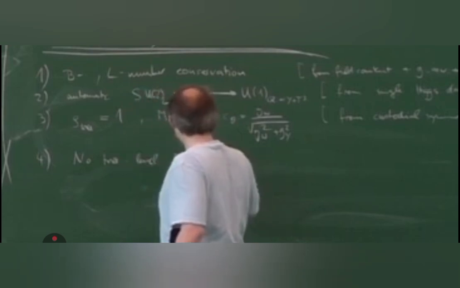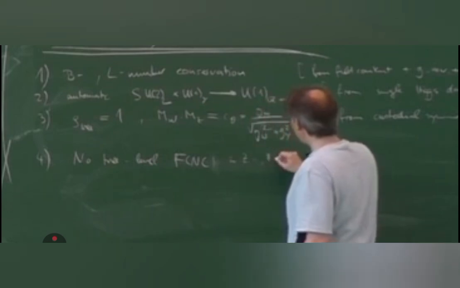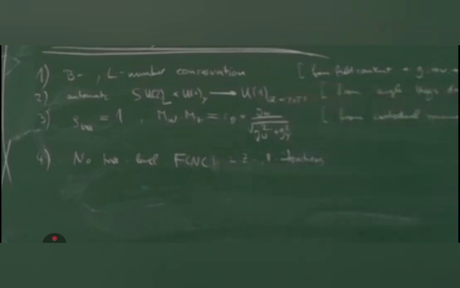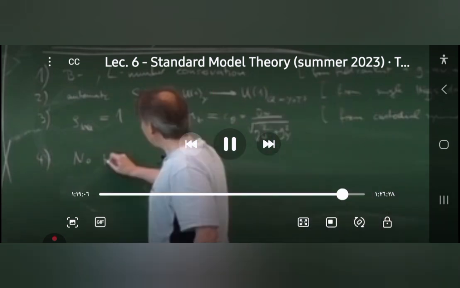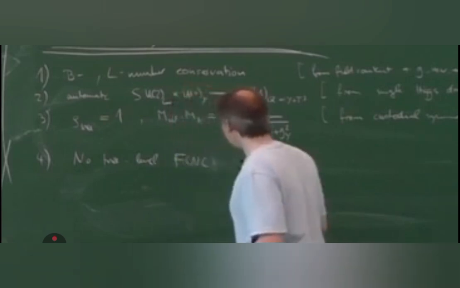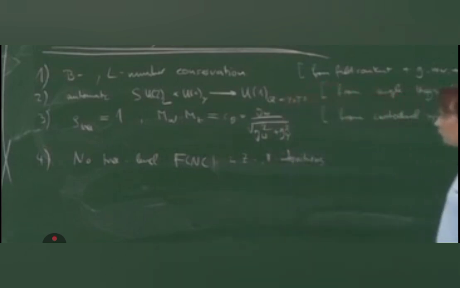Then, regarding three generations, there is no tree-level flavor changing neutral current, for example in the Z and Higgs interactions, whereas in extensions of the standard model, Z boson or Higgs interactions could easily have such flavor changing neutral currents.